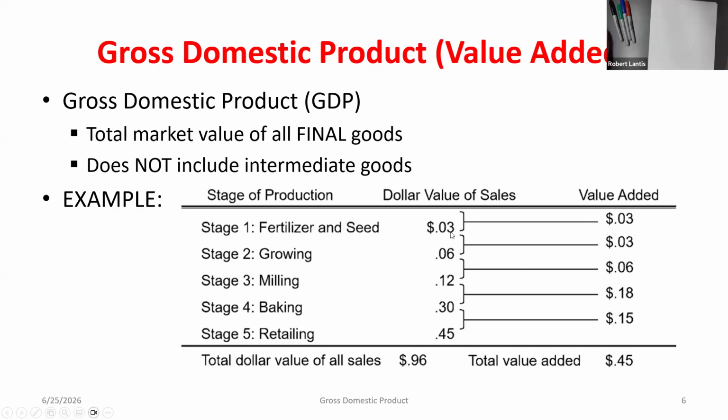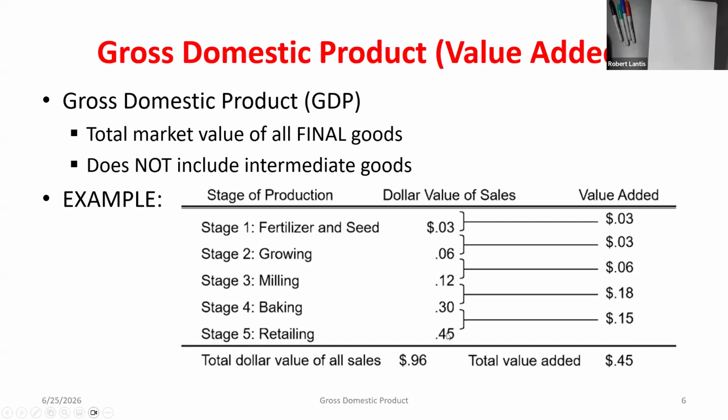If, instead of thinking about the price that these intermediate products had to be purchased for, we think about the value added at each level of the production process: going from 0 to stage 1, we added 3 cents. Stage 1 to 2, 3 cents, et cetera. If I look at the value added of each step and add it up, it gives me the final price the product was sold for.